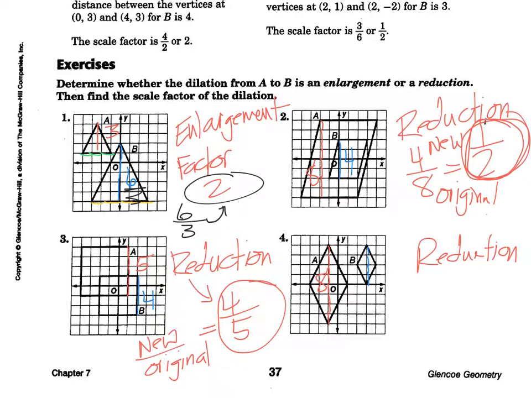So new, which is 4, over the original, which was 8, and that is 1/2. And again, that's a number less than 1, a fraction. Okay, so I hope I didn't confuse you. I know I kind of bounced around a little bit there. All right, let's go over to the next page.